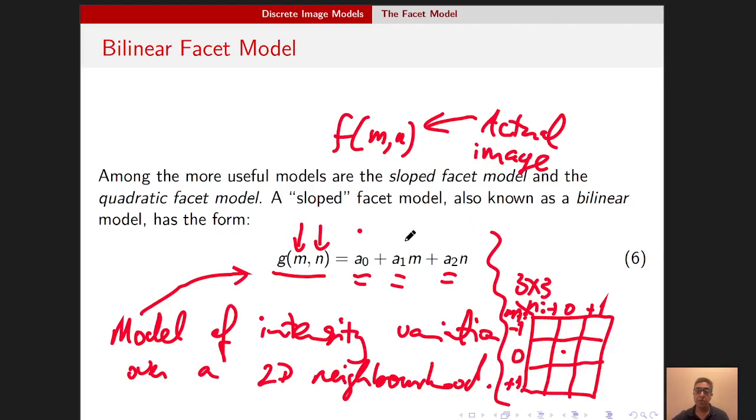So these terms can be thought of as slopes, or in other words, rates of change. So these are the slopes of the bilinear facet model in this neighborhood.